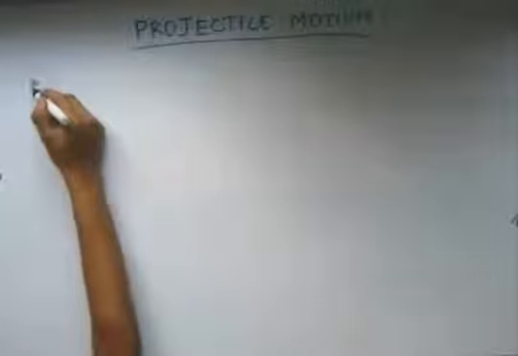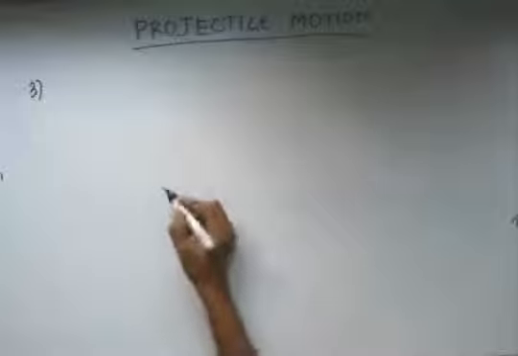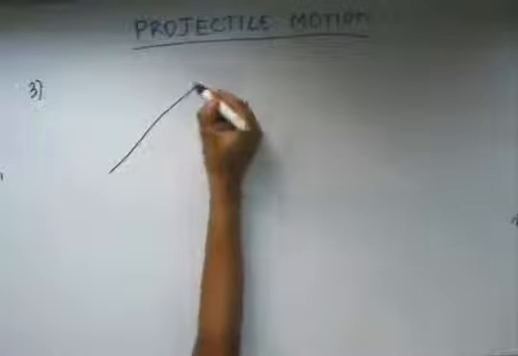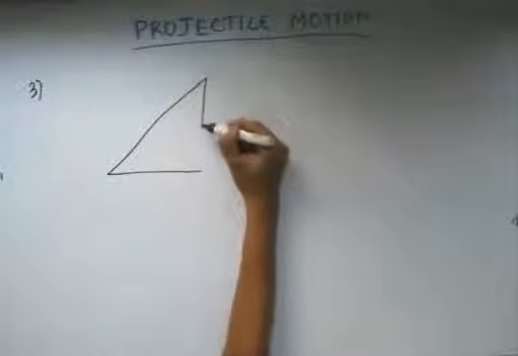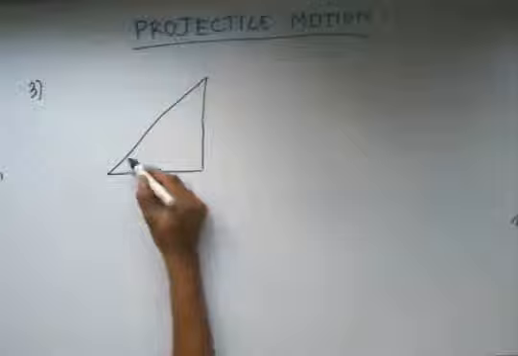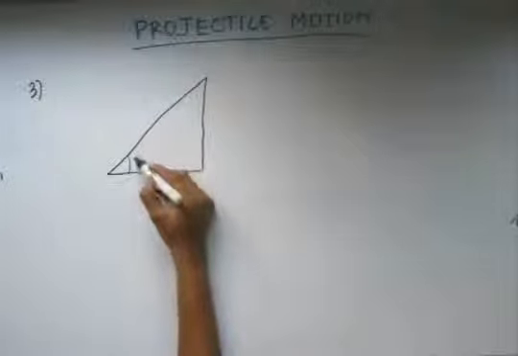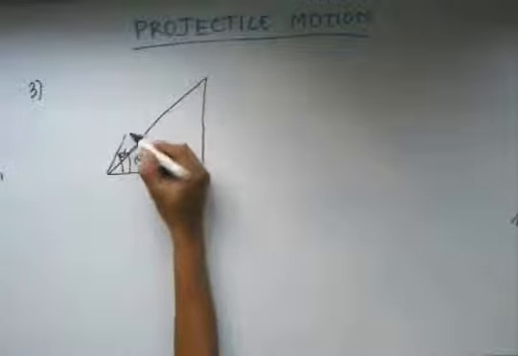So the last problem is similar to the second problem. In this case, the angle of inclination of the inclined plane is pi by 4 again. A particle is projected at an angle alpha with respect to horizontal with a velocity u.